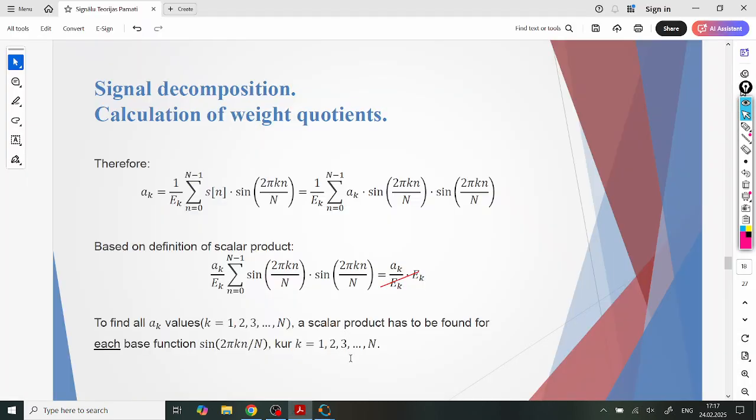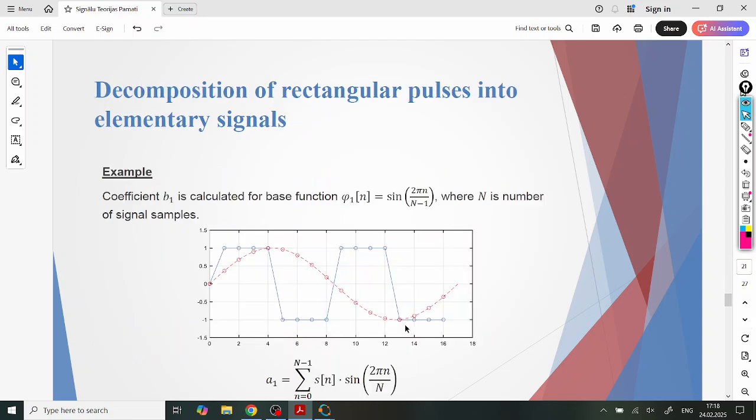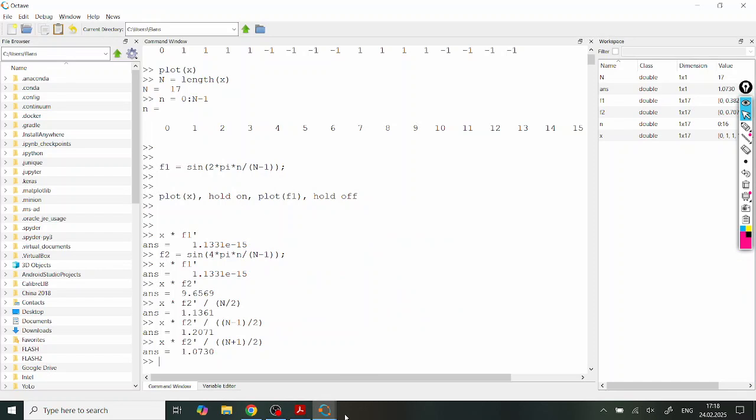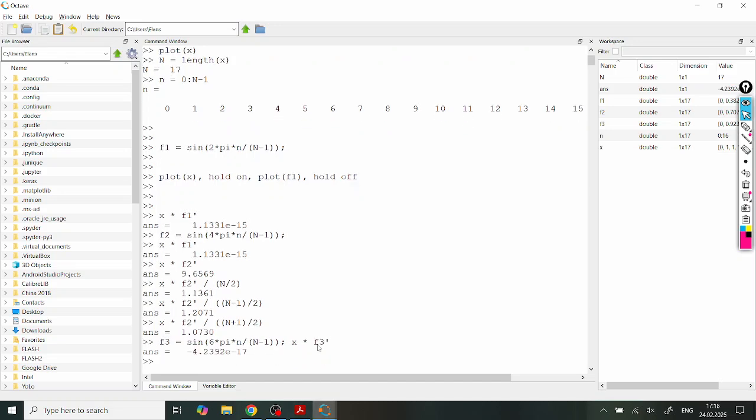Nonetheless, this stands. So just like that, you calculate the next harmonic, 6π, f3 for 6π, and accordingly x multiplied by f3 transposed, again 0. Next is f4 with 8π.